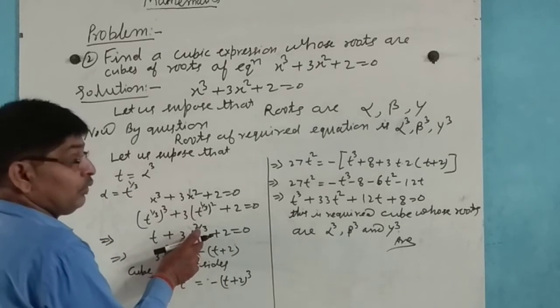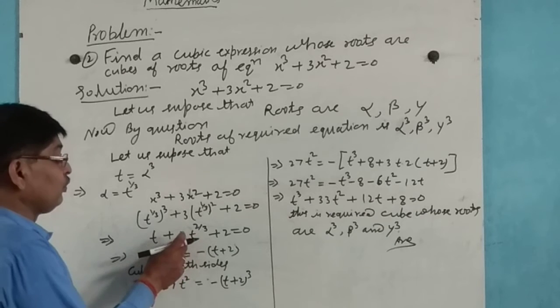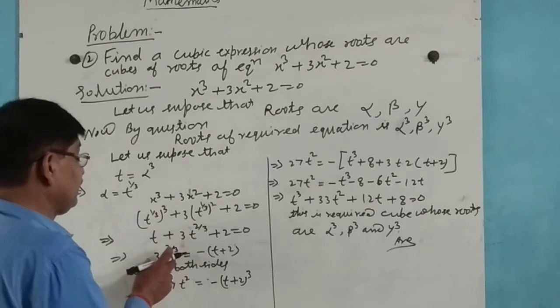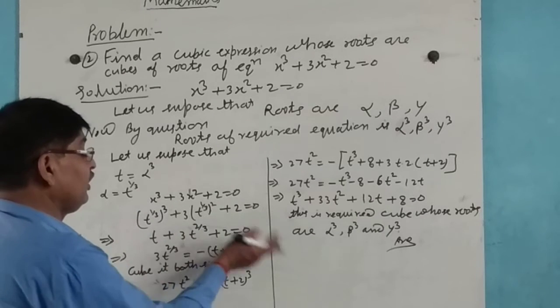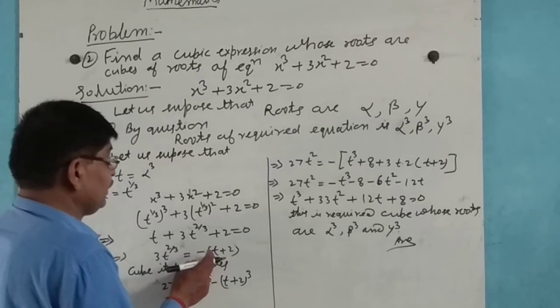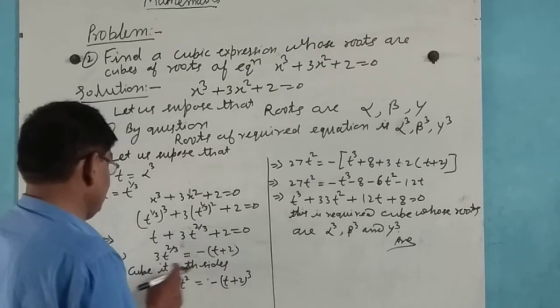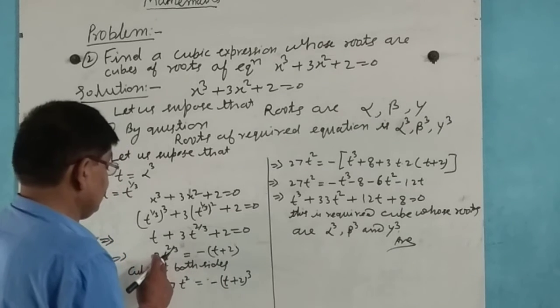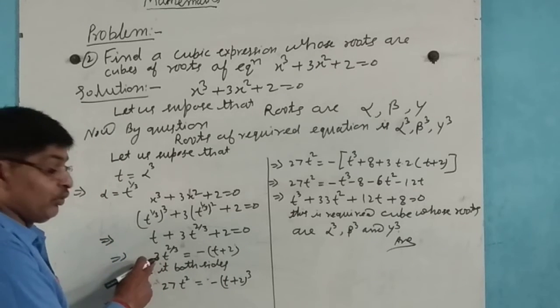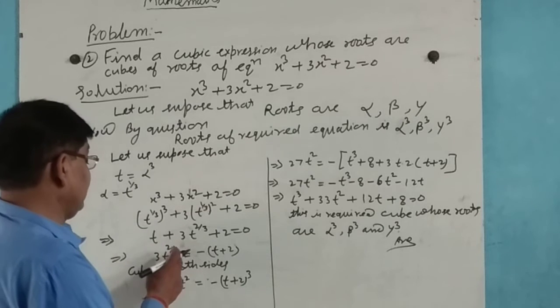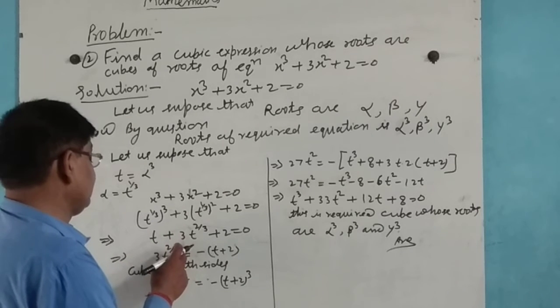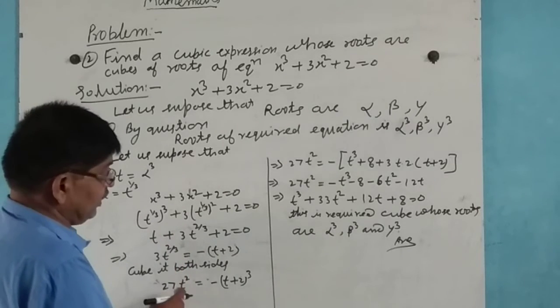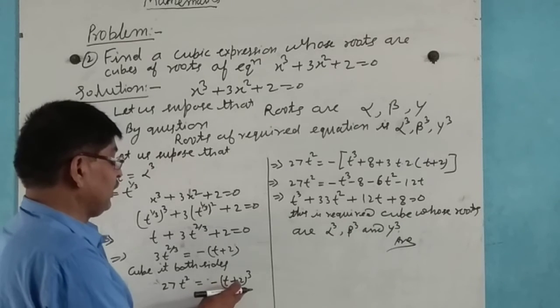Now we remove the t to the power 2 by 3 term: 3t to the power 2 by 3 equals minus t minus 2. Cube it on both sides.